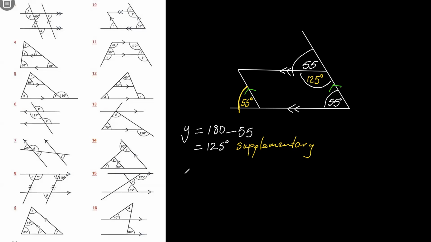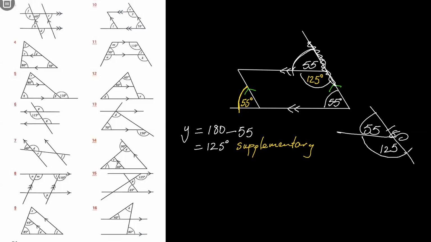Sir, I don't really understand the parts with the supplementary, sir. Well, you just tell me this one was a straight line, right? So if this is 55, remember the straight line is 180. So if part is 55, then it will be 180 minus 55, and that's how I got 125. All right. Thank you, sir.